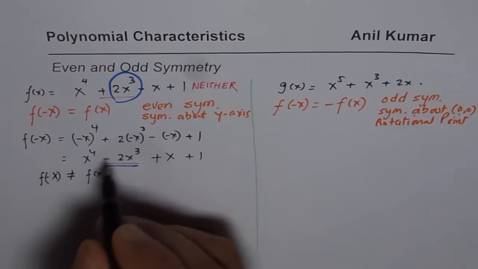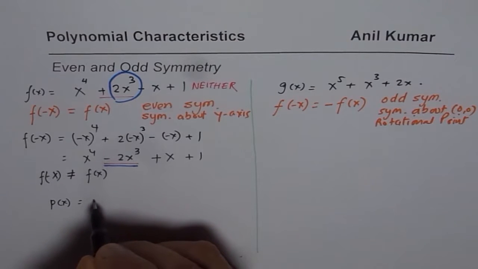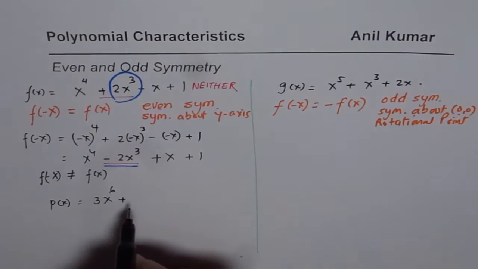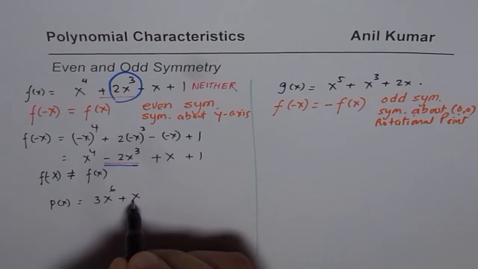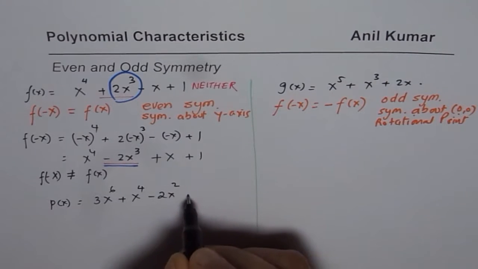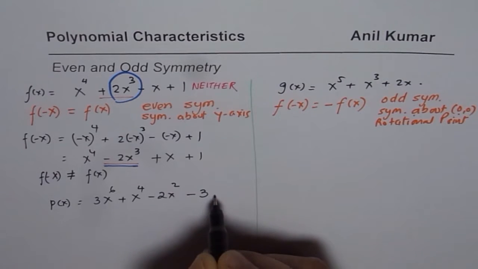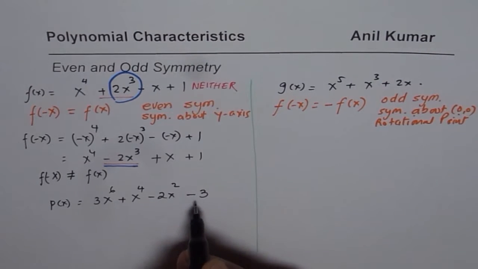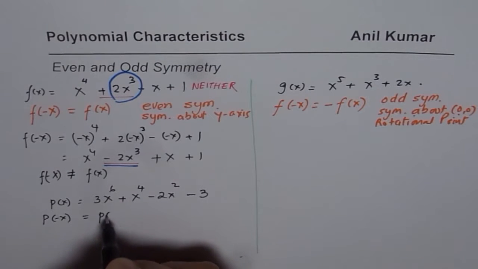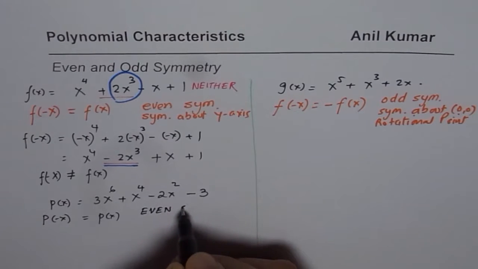So you can do this calculation for another polynomial. Let's call it p of x as, let us say, 3 times x to the power of 6 plus, we are avoiding odd terms and adding even terms, 4 minus 2x squared. Now if I write here minus 3, this is also even. You will notice in this case that p of minus x is equal to p of x, and this one is indeed even symmetry.